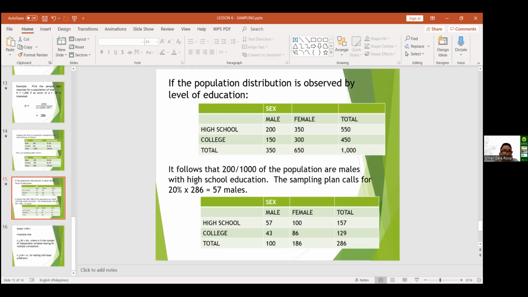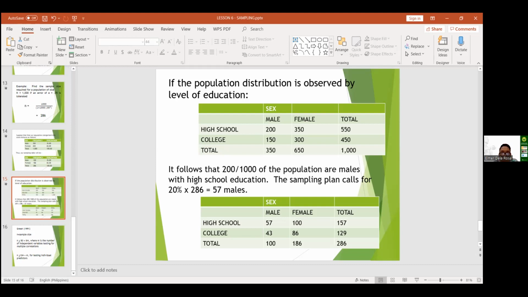Okay, so nag-umpisa siya sa 286, then ni-split lang natin into several subgroupings. Pero kung itong 286 na to ay wala ka ng clustering or grouping, di basta 286 na lang out of 1,000. Kaya lang nga, kung factor mo yung dalawang variables na to, level of education, at pwede pa itong maging tatlo, ano?